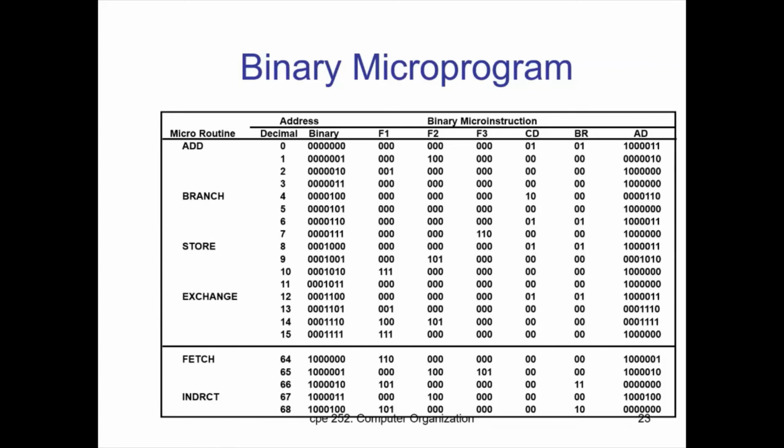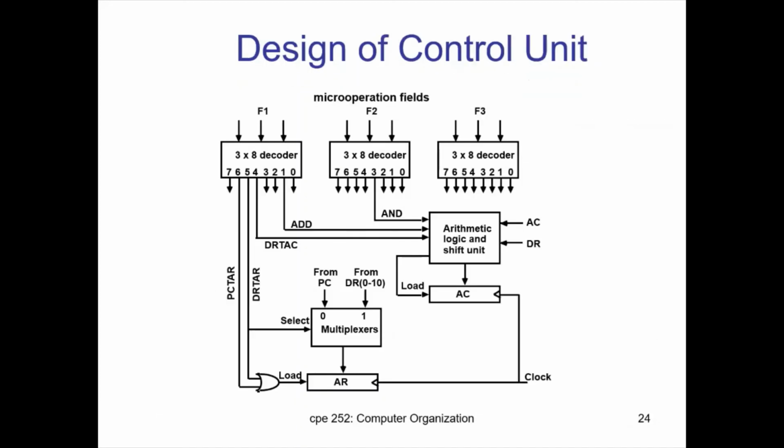For example, 1001 is there to store the information in a particular location. So the routines are going to add the data, check the branch, store the data, then exchange the data. It is completely a computer language, binary language, which will be stored in a particular circuit.